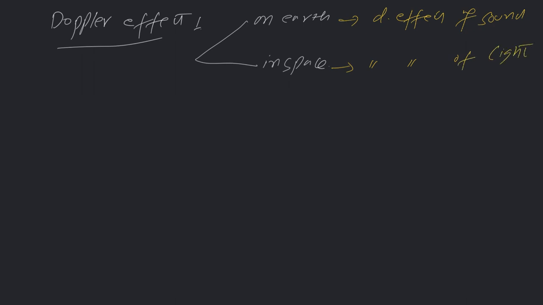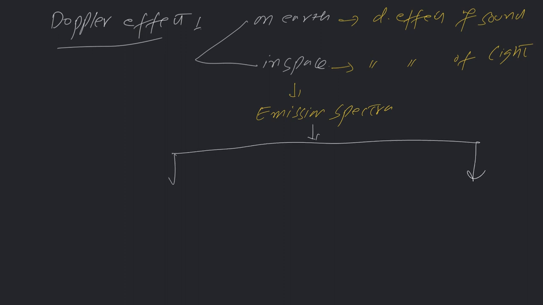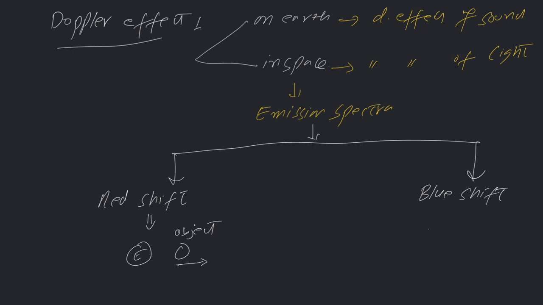The Doppler effect of light in space we can study by studying the emission spectrum or emission spectral lines. These can be divided into two types. First is redshift and second is blueshift. Redshift means, for example, here is the Earth and here is an object such as a star, and it is moving away from the Earth. Blueshift means here is the Earth and here is an object, and that object is moving towards the Earth.